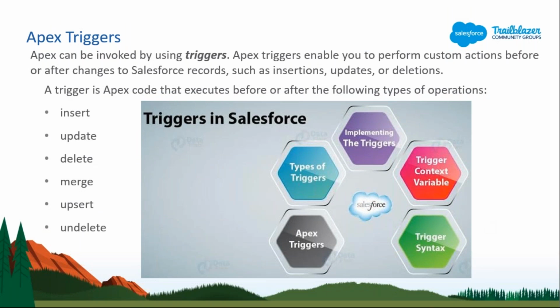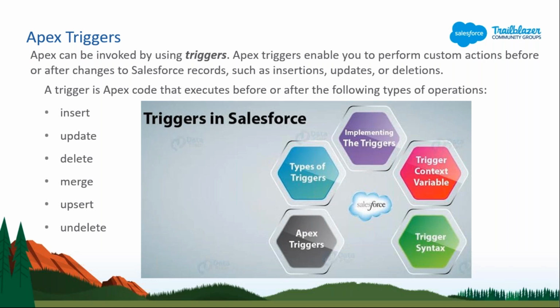Apex trigger is nothing but an operation which can be performed before or after a transaction happens in our Salesforce, like whenever we insert, update, delete, or merge data inside our Salesforce database. We can perform a trigger according to that particular action.